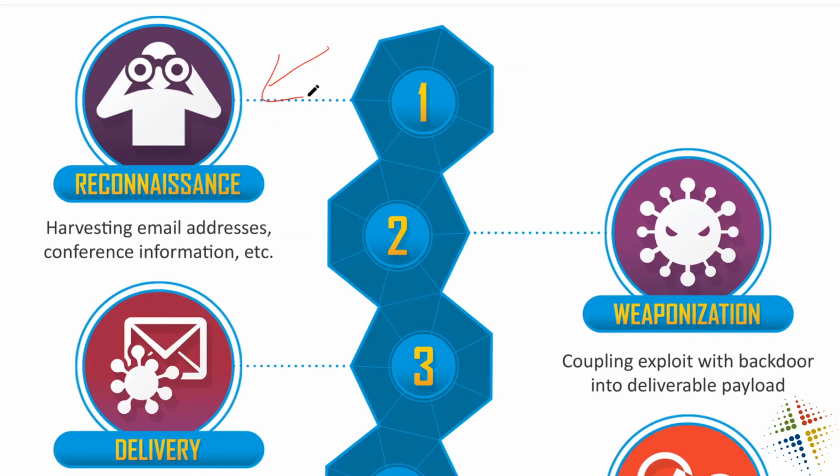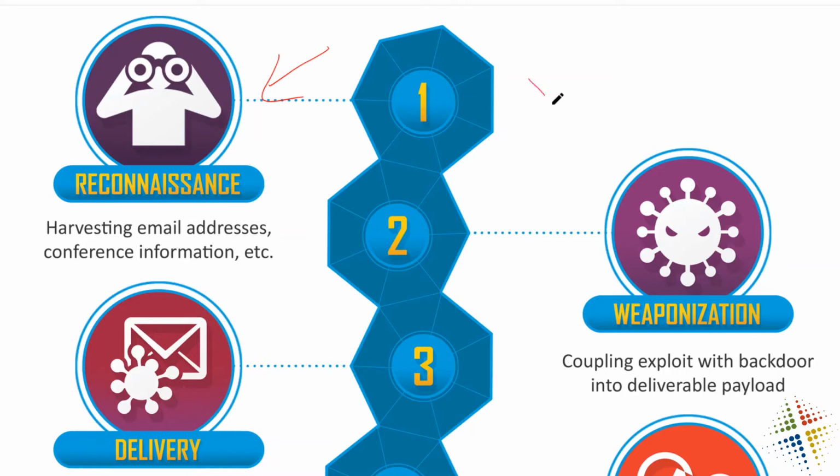Now, this reconnaissance can be everything from looking at things online about an organization, looking up individual information for people, physically going to a location and getting a feel for it, seeing what the physical security looks like, basically scoping out the environment and creating documentation about the environment, about what you see and how that might be used later.